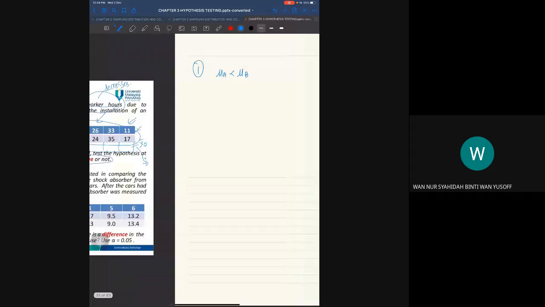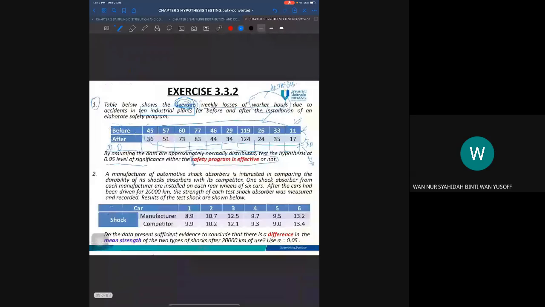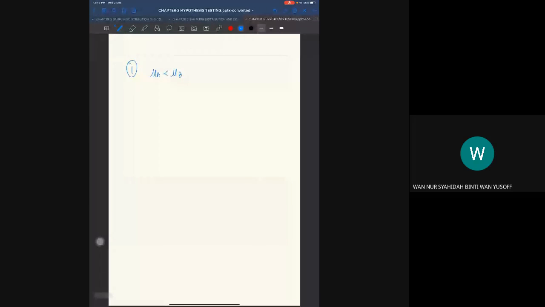Do we have any mu naught here? No, so it is 0. Then you can write it in this form: mu A, and then we bring mu B to the left-hand side, so you have mu A minus mu B less than 0. Then we convert into a dependent sample, meaning we write this hypothesis in terms of mu D, so the whole thing here is your mu D less than 0.